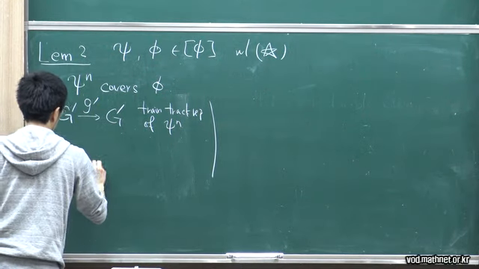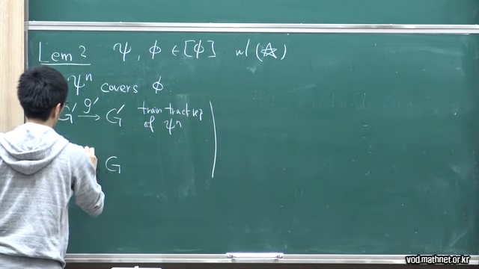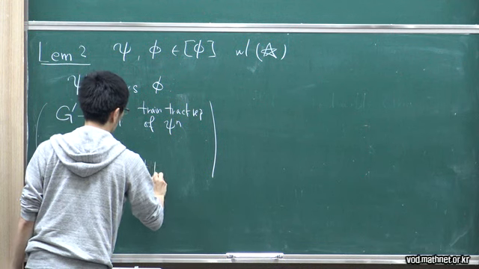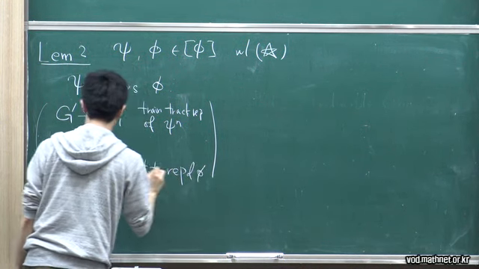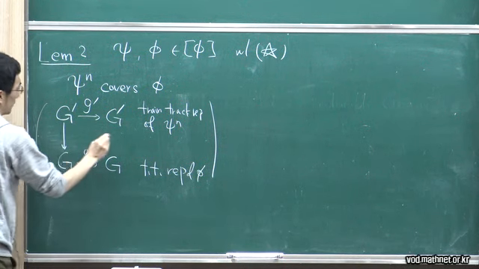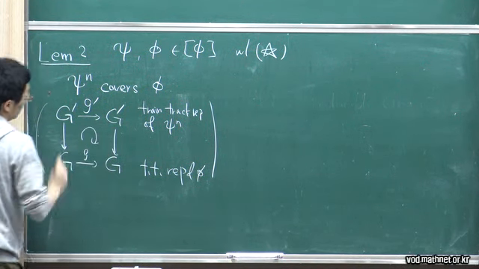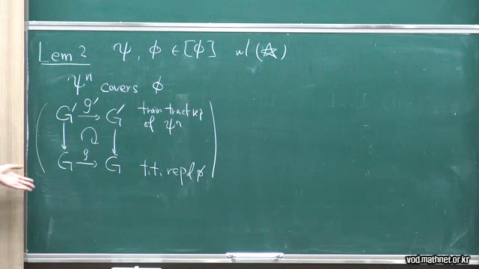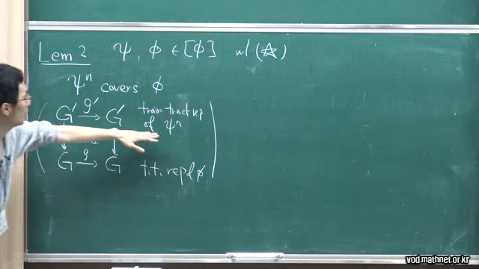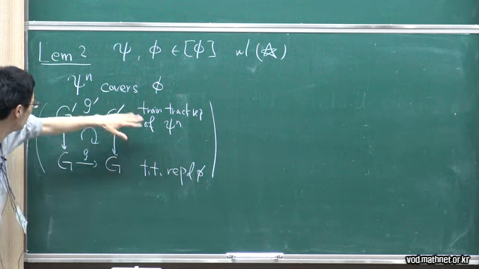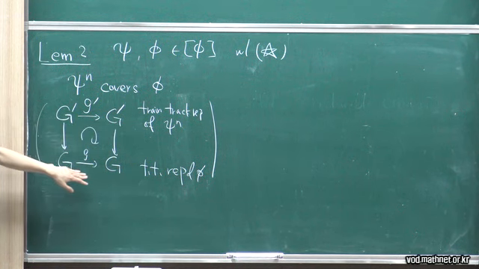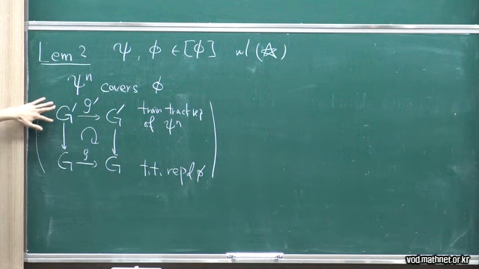and here is the train track representative of phi with covering. So we can construct the covering of psi to the n by using the train track representative of phi, and I want to construct this.